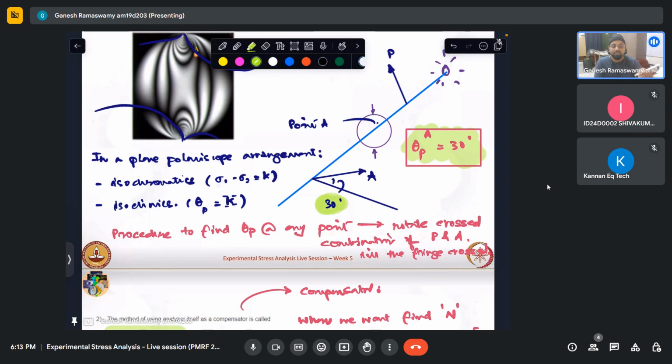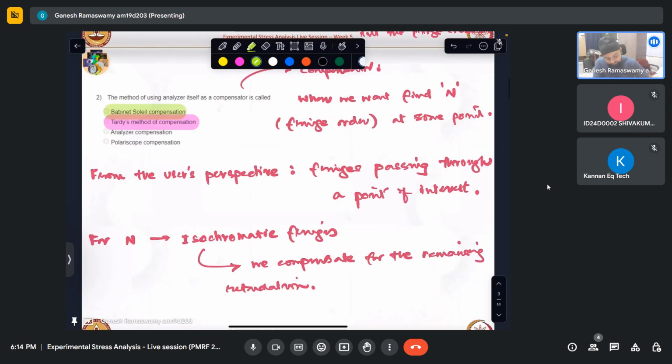We rotate it by some angle until we see the fringe pass, and we can read out that angle from the dial itself, and that has a correlation with the introduction of retardation. So in Tardy's method of compensation, we use the analyzer itself as the compensator, and we will see how that comes about. It has been discussed in the lecture also, but anyway, we will also see how that comes about. I hope that is clear.